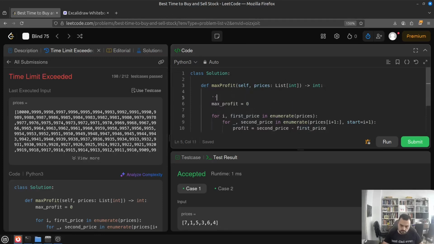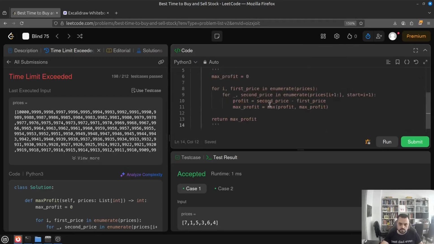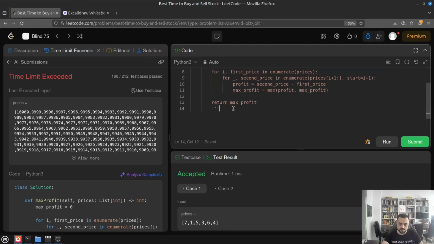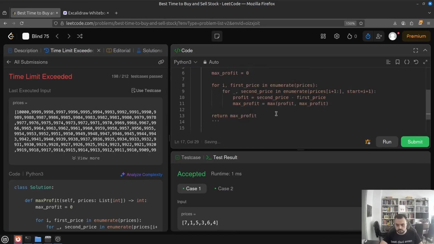So let's change it a bit. And the minimum will be first set to infinity.